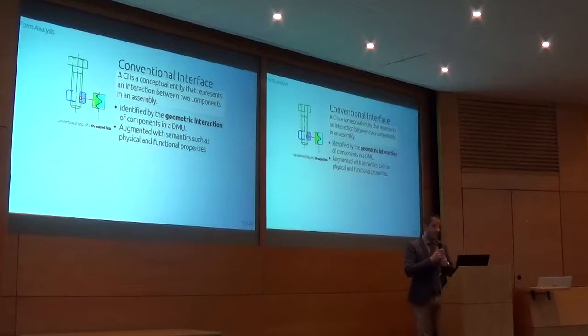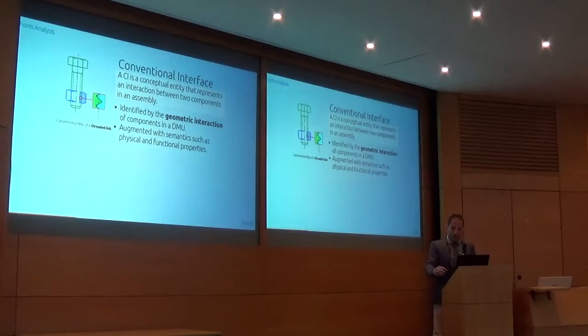Now, to seize this geometric interaction between components, we define a conceptual entity that we refer to as the conventional interface. Even though conventional interfaces are identified by the geometric interaction, they can be assigned, and they will be assigned, other functional and physical properties, as we will see shortly.